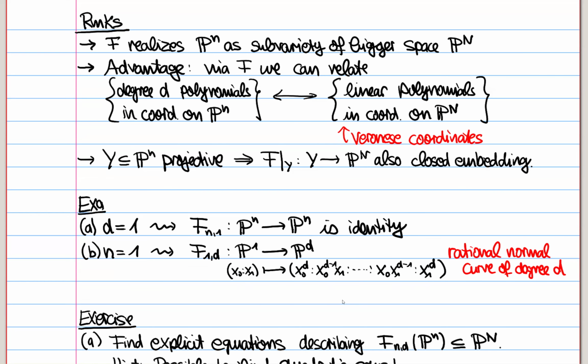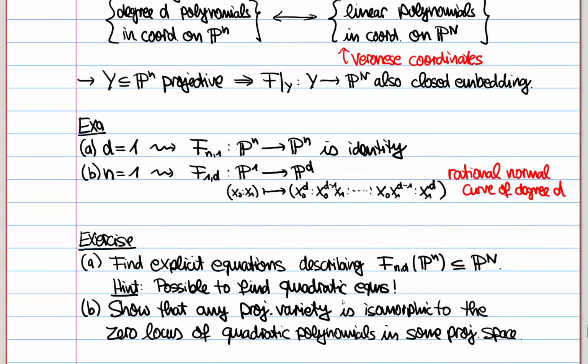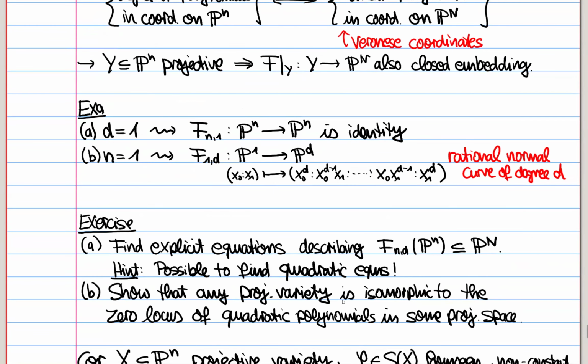Okay. And a fun exercise here is the first part is that you try to find explicit equations describing this image of the Veronese embedding inside here. And the hint is you can actually find a system of quadratic equations cutting this out.